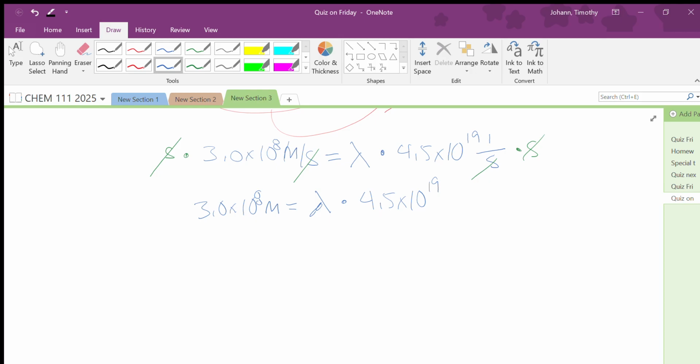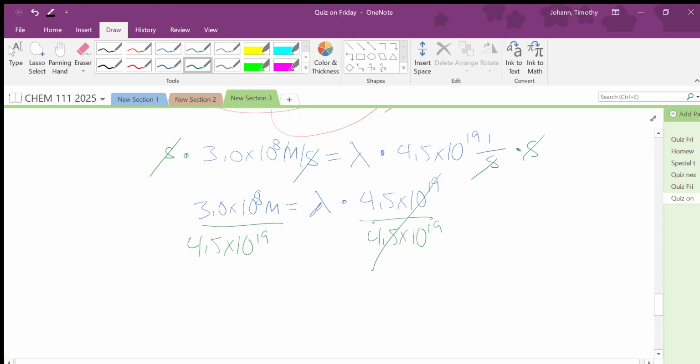So then I'm going to divide both sides by 4.5 times 10 to the 19th. These cancel, and then I'm left with my wavelength is equal to 3.0 times 10 to the 8th meters divided by 4.5 times 10 to the 19th. No units, right? Because I cancelled them.